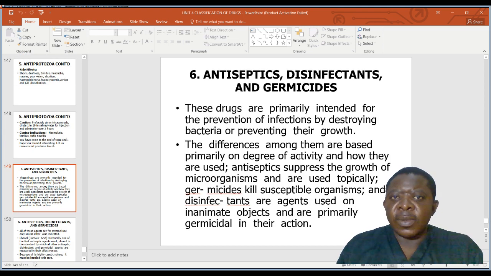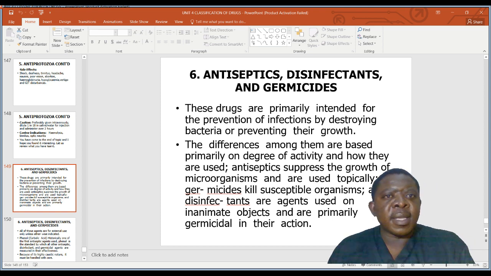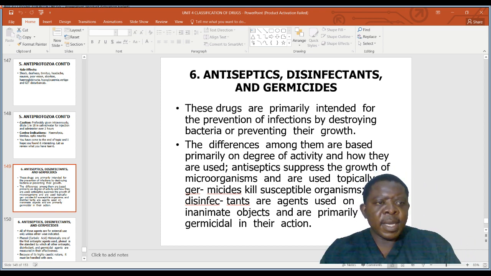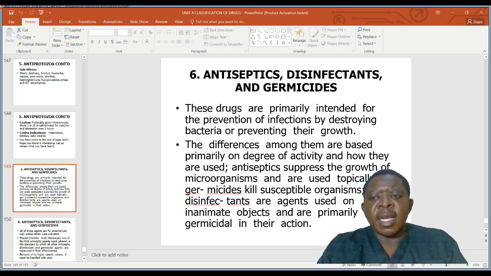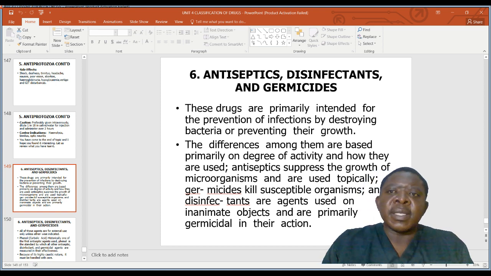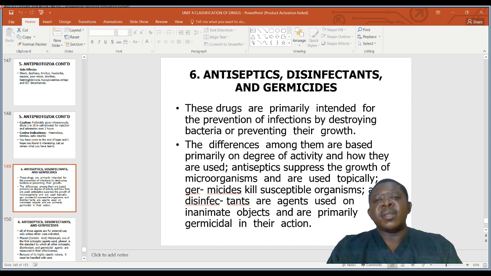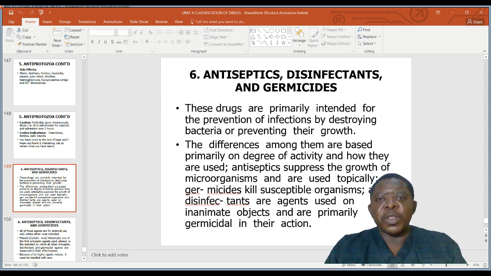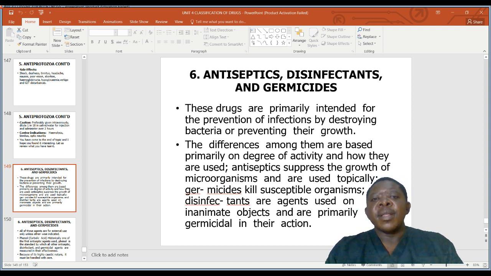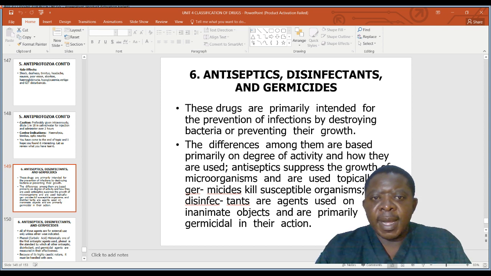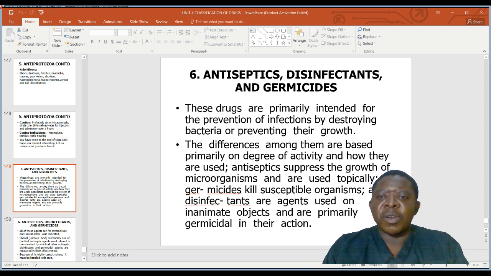Then the sixth is a group of drugs that we can talk about. These have to do with antiseptics, disinfectants, or germicides. These drugs are primarily intended for the prevention of infection by destroying bacteria or preventing their growth. The differences among them are based primarily on degree of activity and how they are used.